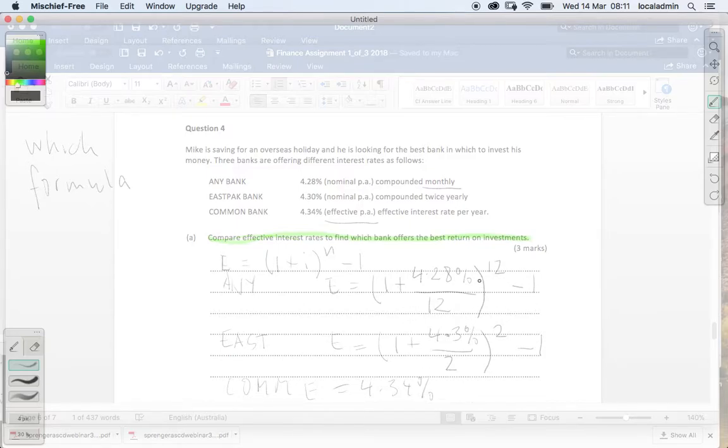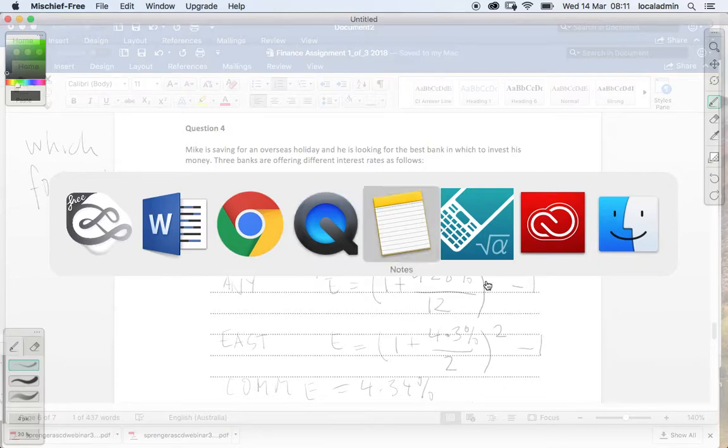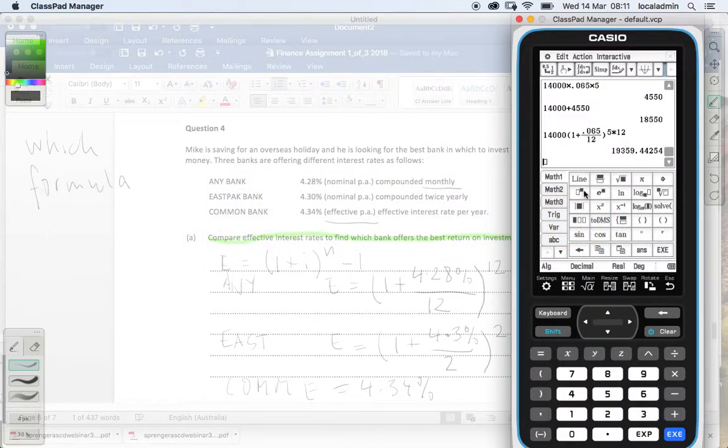Now this has to be done in the calculator, and nothing could be easier. So make sure you have your brackets there. 1 plus, and then you go 0.0428 over 12. We close, wrong, out of there, close the bracket to the power of 12 months.